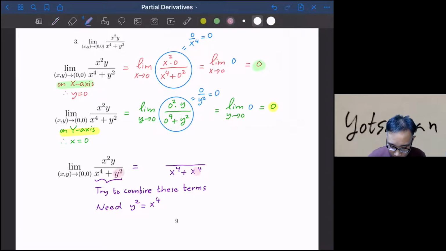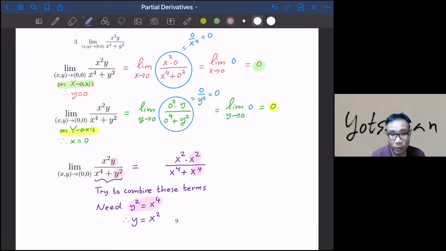So y squared is x to the fourth, and taking the square root of both sides, you get y equal to x squared. This is what you put in for y.